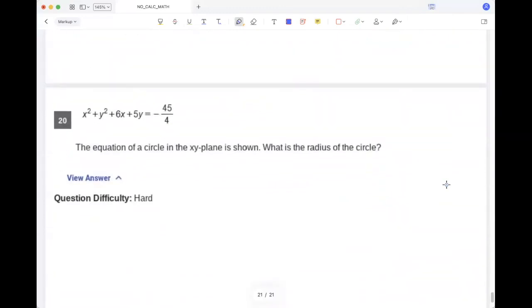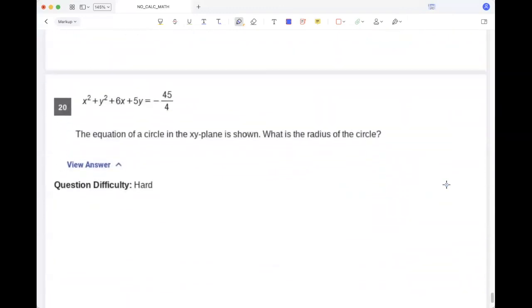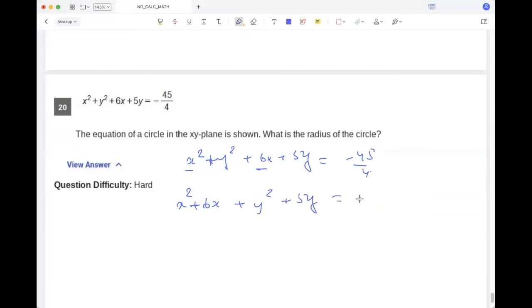Okay, the equation of a circle is shown. What is the radius of the circle, right? So x square plus y square plus 6x plus 5y is minus 45 by 4. So let's make a complete square of x square plus 6x, and y square plus 5y is minus 45 by 4.